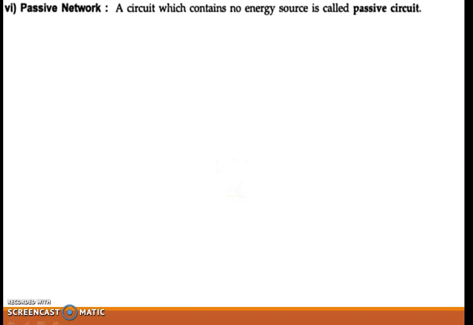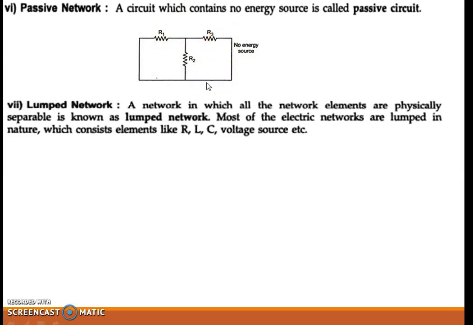Next one, passive network. A circuit which contains no energy source is called a passive network. See the circuit diagram, here there are no energy sources such as voltage source or current source. Only circuit elements are connected, that is resistances R1, R2, R3. So this kind of network is called a passive network. Then lumped network. A network in which all the network elements are physically separable is known as a lumped network.